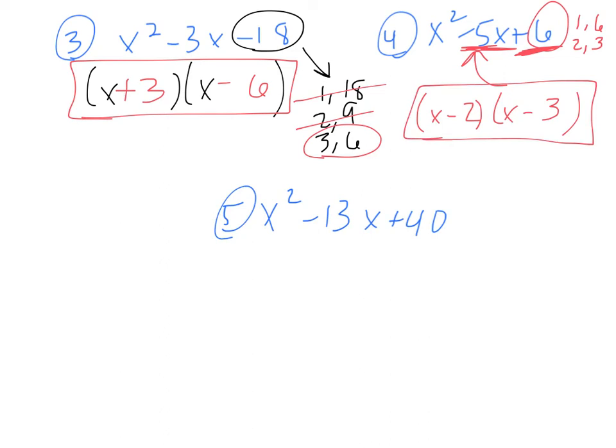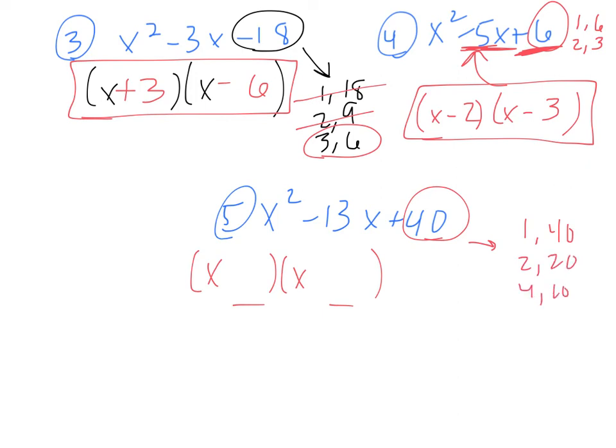So tricky. That's a tricky one. Let's try 5. So x and x. And I know that these two numbers need to multiply to 40. Well, my factors of 40, 1 and 40, 2 and 20, 4 and 10, 5 and 8. Okay, we're done.